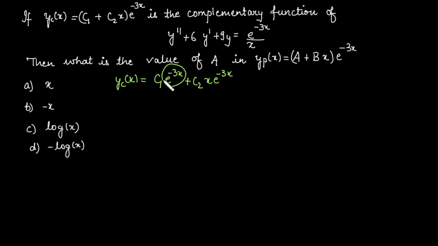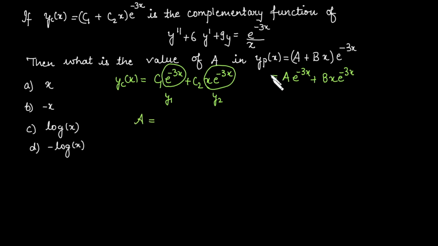So this is the value of y1 and this is the value of y2. Here we need to calculate what is the value of a. It means we can expand this a times of e raised to power minus 3x plus b times of x e raised to power minus 3x.